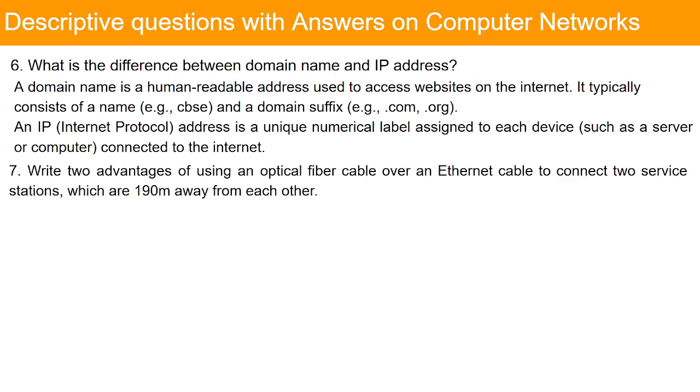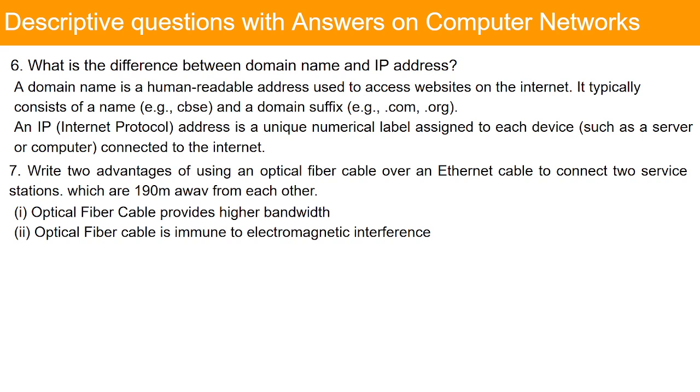Write two advantages of using an optical fiber cable over an Ethernet cable to connect two service stations which are 190 meters away from each other. So what should be the suitable answer of this question?